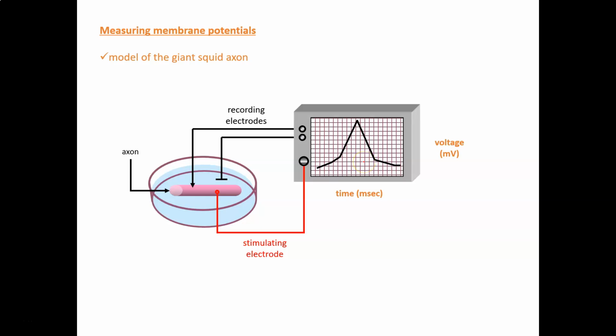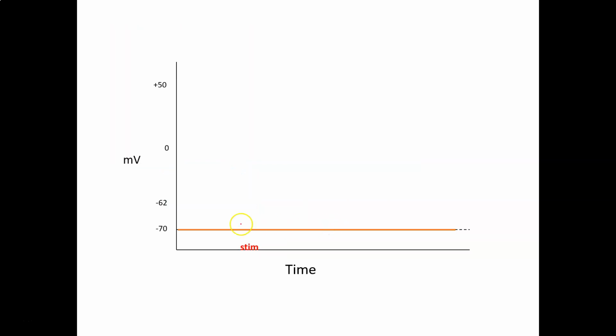They ran a series of experiments, and this is what they observed. At rest, when there's no stimulation occurring, the resting membrane potential is at -70 millivolts. Then they applied a stimulating current to the axon and saw a small change in membrane potential.